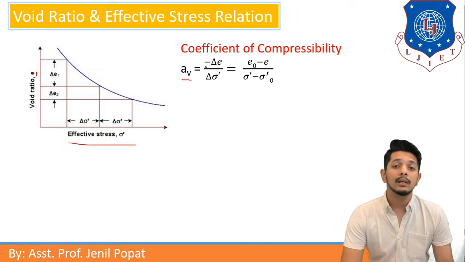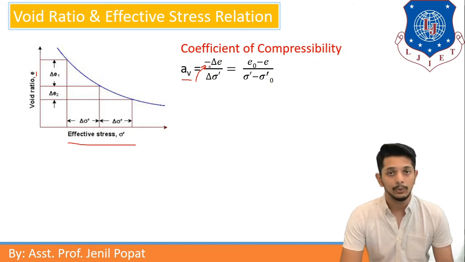Here it is written as negative. Why negative? We should have a question like this, but it is shown with a negative sign due to the graph. Whenever effective stress increases, the graph goes down, the void ratio decreases. That is why the minus sign is shown.